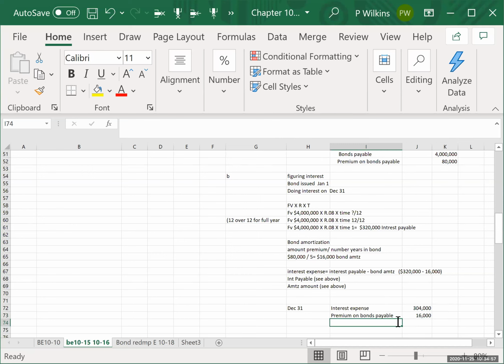And then we're going to credit interest payable for the $320,000. So that's the entry to accrue the interest and to include the bond amortization. Okay. All right, so I'm going to stop that there. Stop that recording.